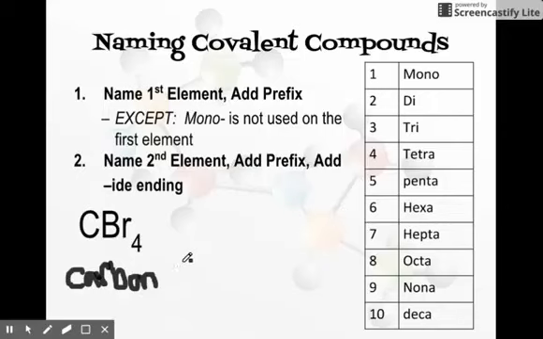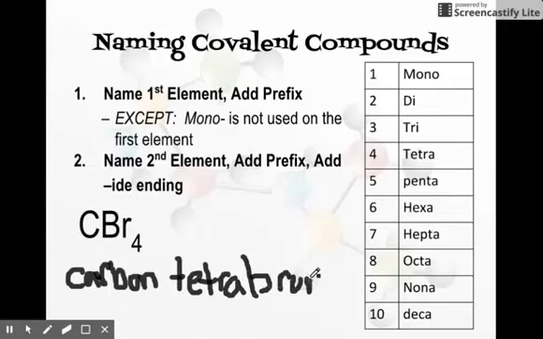So 4 is tetra. And then we're going to name it like we did before, and we're going to add the ending. So bromine becomes bromide. So carbon tetrabromide. So 2 words, carbon and then tetrabromide.